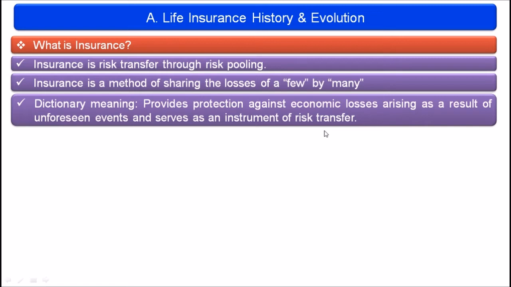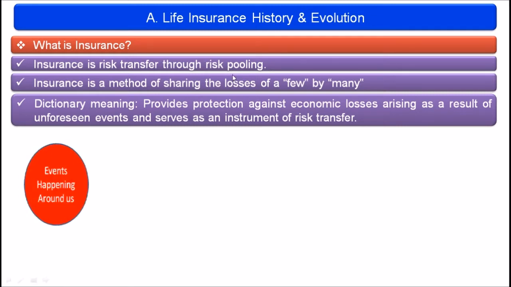Dear friends, don't worry about this dictionary meaning. From our exam point of view, insurance is risk transfer through risk pooling is the correct answer. Insurance is a method of sharing the losses of a few by many. These are the 2 key points that must be remembered, so that you will get this question. If you get this question in the exam, just blindly choose these answers.